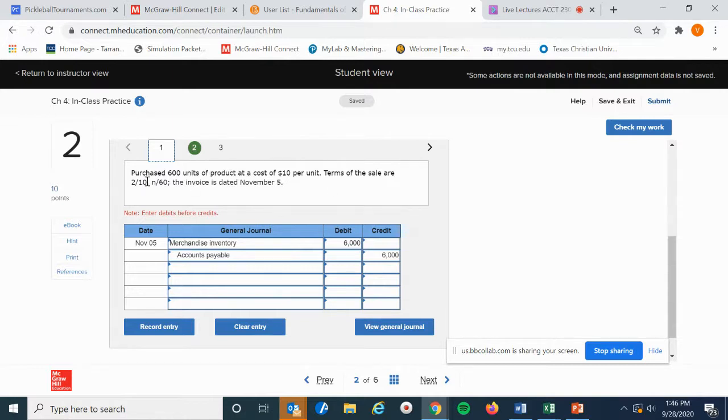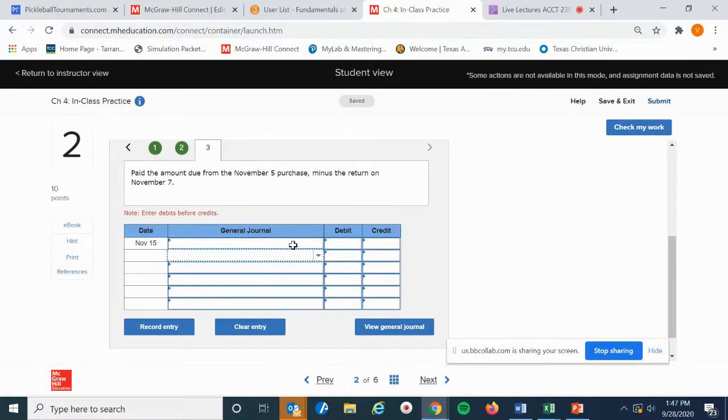At the time, I can see that the company is entitled to a 2% discount if they pay within 10 days. I'm also going to consider what happened on November 7th. Remember how we owed $6,000, now we're returning $250. So after this return on November 7th, the company no longer owes $6,000, they owe $5,750. So now it's time to pay.